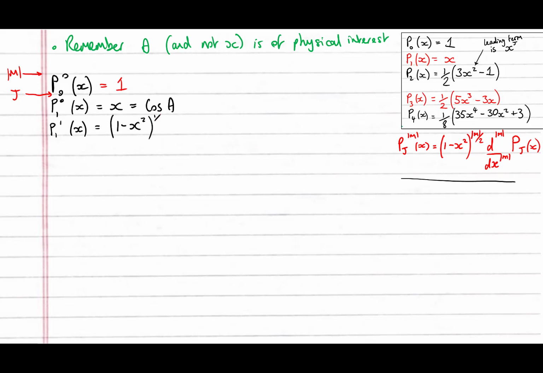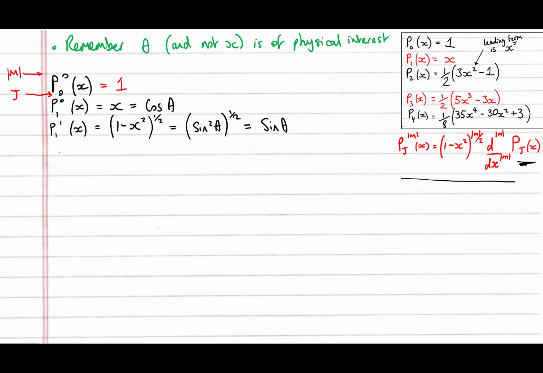M being equal to 1 gives us the square root, the half in here. And when J is equal to 1, we simply get the first derivative of X, which is simply 1 in here. I won't write down the 1, it's implied. So this ends up being 1 minus cosine squared theta, which is sine squared theta, raised to the half, which is sine theta. So that's a fairly straightforward function.